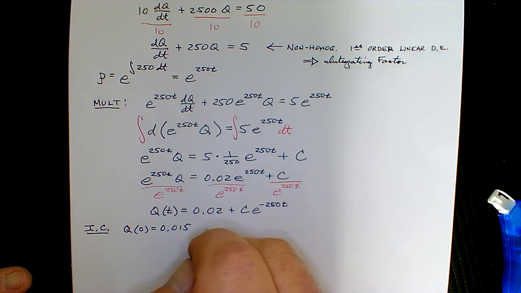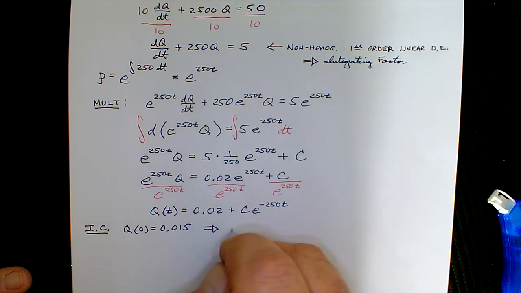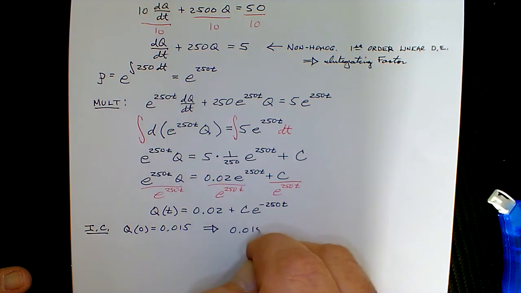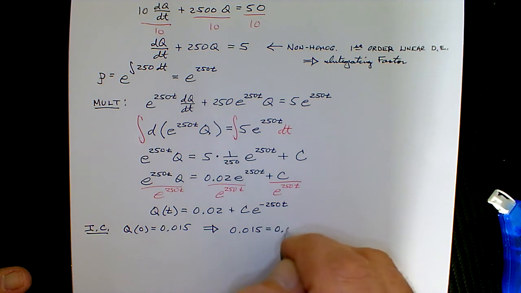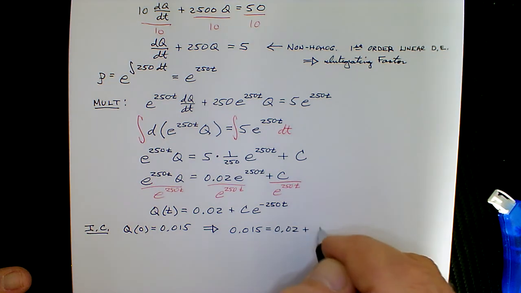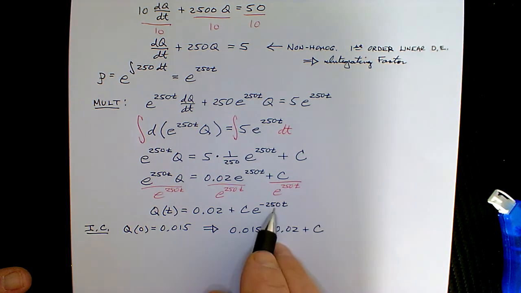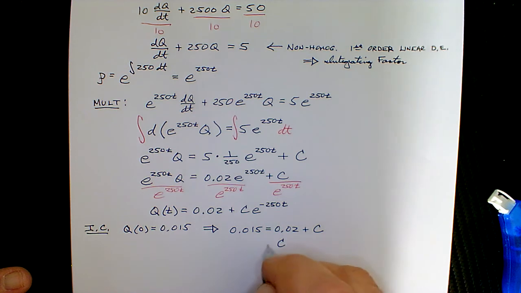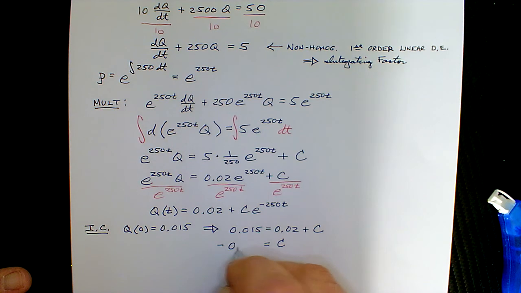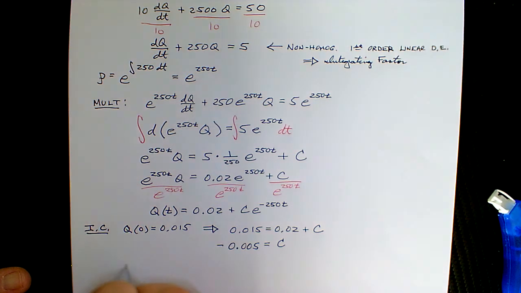And so then that means that q is 0.015, equaling 0.02 plus c, because t is 0. And so c is, subtracting 0.02 from both sides, we get negative 0.005.